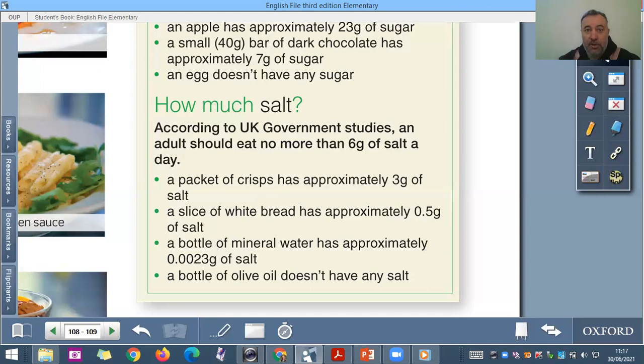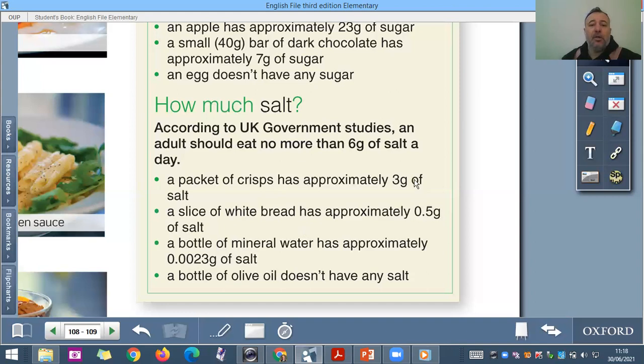How much salt is there in a bottle of mineral water? How much salt is there in a bottle of olive oil? Now, you have to remember that we have some quantifiers: a lot, quite a lot, a little, and none. Take a look at this.